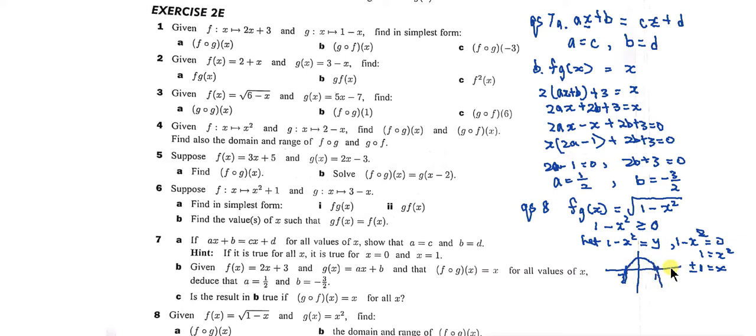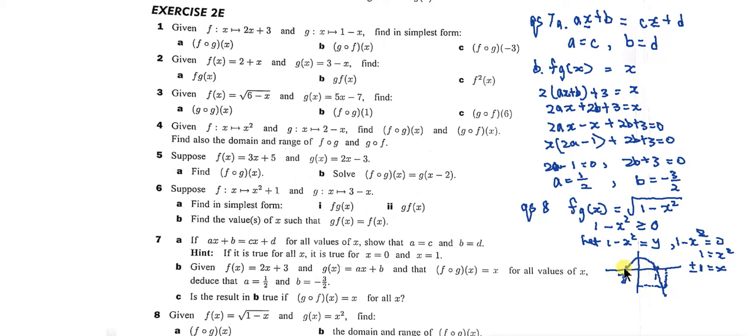Okay? If you have the x value that is more than 1, for example, you intersect with the curve, and then it gives you a negative y value. But the condition here is 1 minus x squared will replace y, y must be more than 0. So x cannot be more than 1.